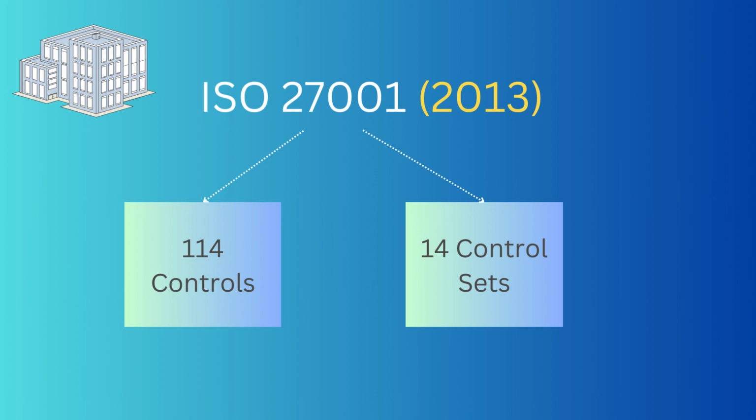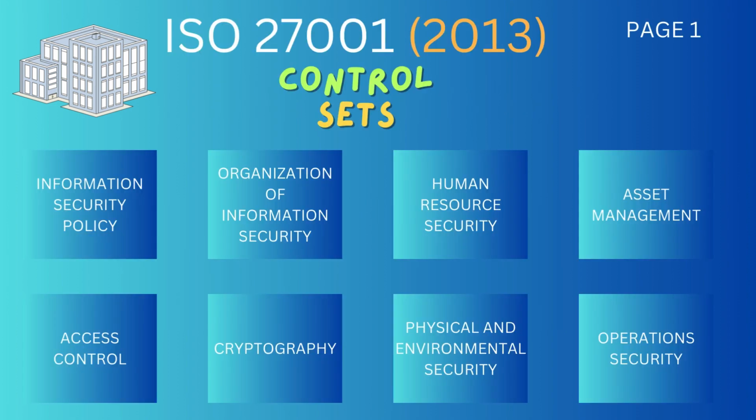ISO 27001 2013 version has 114 controls across 14 control sets, which are information security policy, organization of information security, human resource security, asset management, access control, cryptography, physical and environmental security, and operation security.